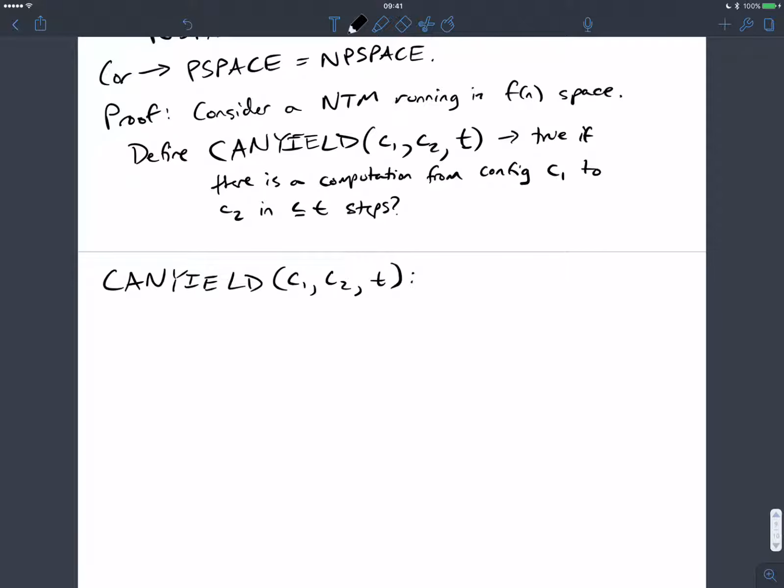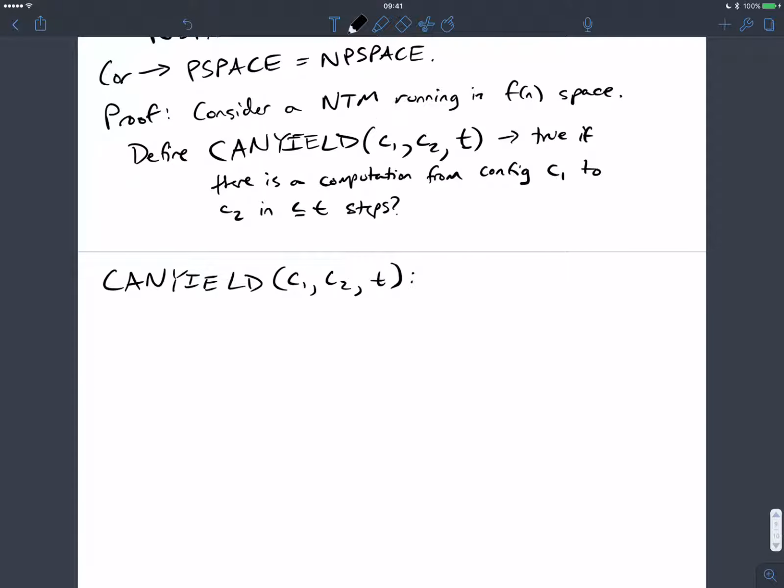But in general, if we have a C1 way up here and a C2 down here, suppose we can reach from C1 to some configuration in the middle, and from that one we can reach C2 at the end. Would that mean I can get from C1 to C2? Yeah, so that's the structure that we're going to use. But instead of storing everything along the way, we're only going to store the CANYIELD results of each.